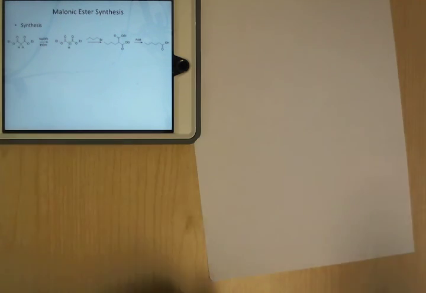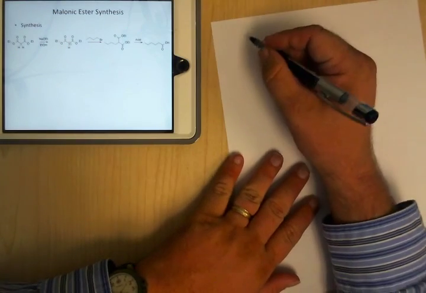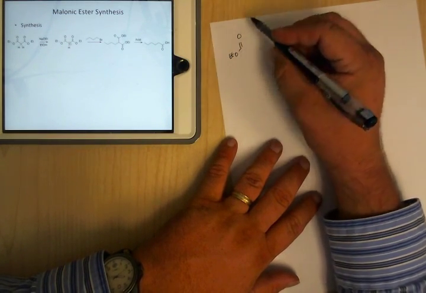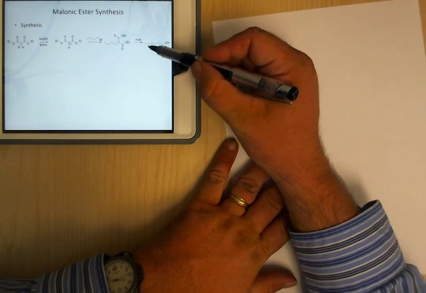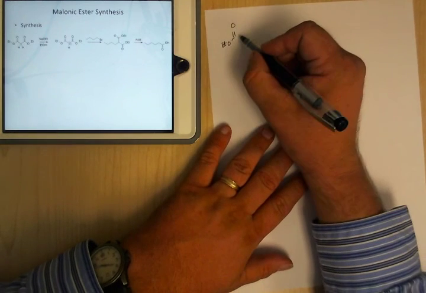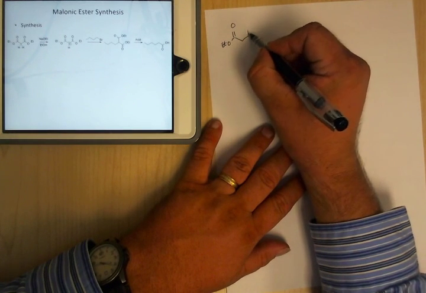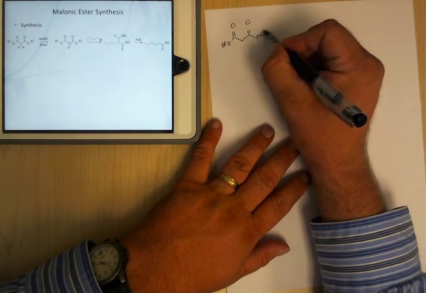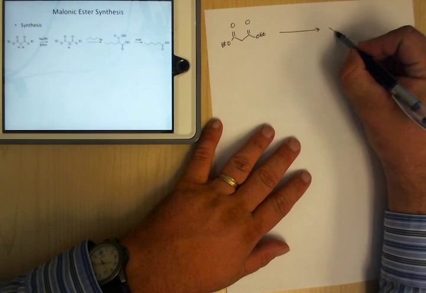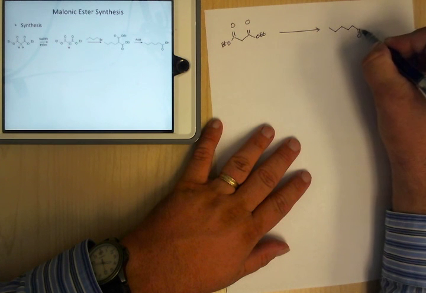So for the synthesis, we want to make 2, 4, 6, 1, 2, 3, 4, 5, 6, hexanoic acid. We need to figure out how to synthesize this.